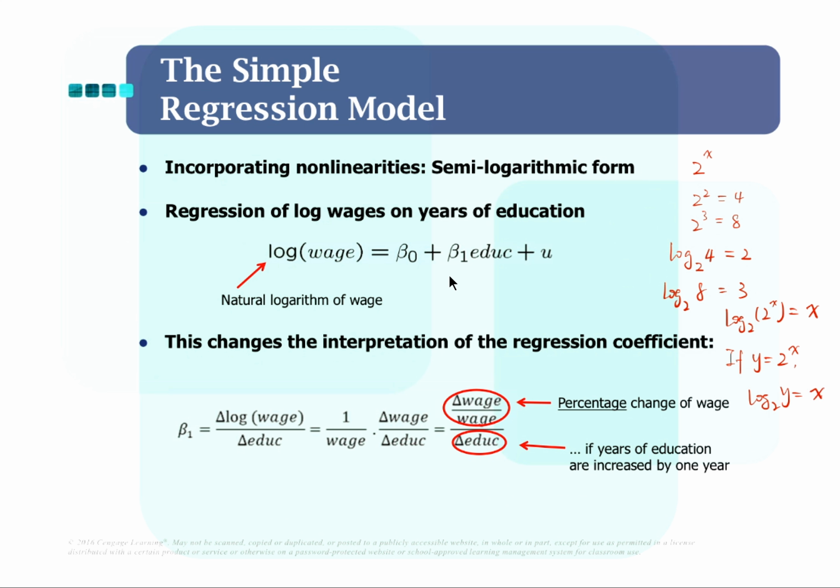Now we consider a very special number which is called the Euler number. It's approximately equal to 2.718. It's an irrational number, so we know it's only roughly equal to this number. Similar to the logarithm with base 2, the logarithm with base e is called the natural logarithm.